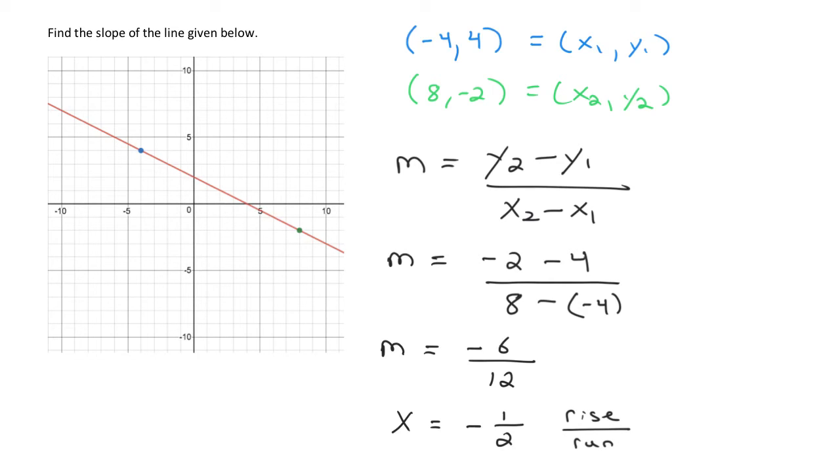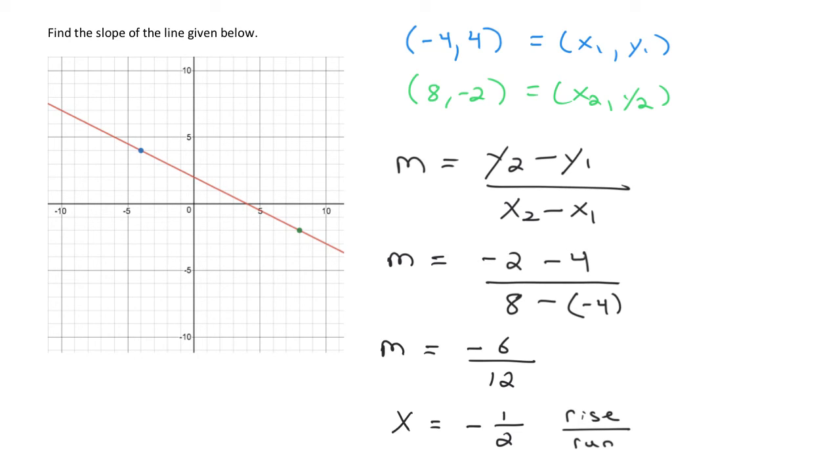It's not really a rise. The negative means it's moving downward. But if we start at this point here, if we go over 2, that's the run, and down 1, we end up on the graph again. So it's over 2, down 1, over 2, down 1. That happens for every pair of points on this graph.